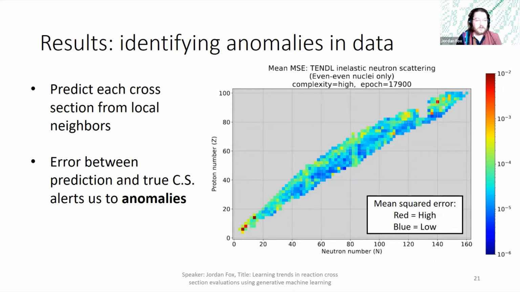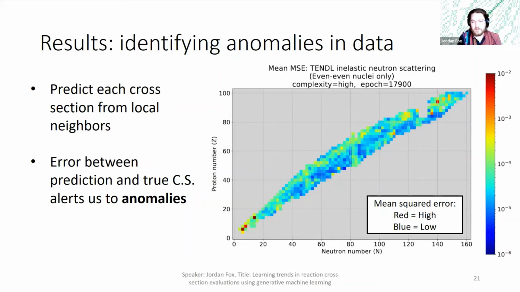So ideally, what this would help with is researchers who work on these large libraries. It's not impossible for someone to just make a typo or accidentally enter an energy limit wrong or something like that, and if that goes into their library, it's one of many thousands of data points.